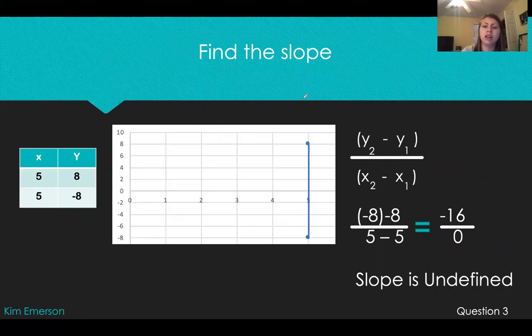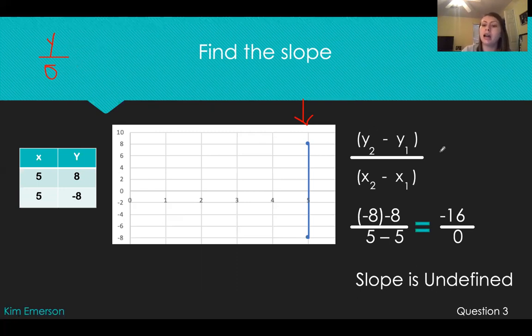If you take a look at our graph right here, where I just put that arrow, we see that we just have a vertical straight line. There is no run across the x-axis for this. So if we were just doing rise over run, whatever the change of y was here, the change of x is 0, and we can't have 0 as our denominator. So just by looking at it, we already know the slope is undefined. But let's take a look over here.